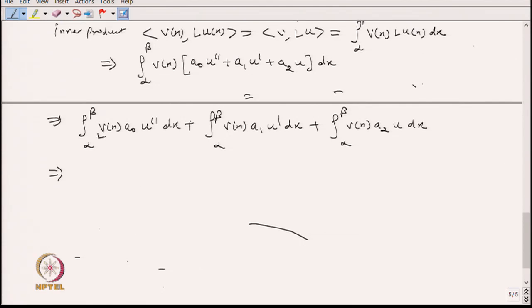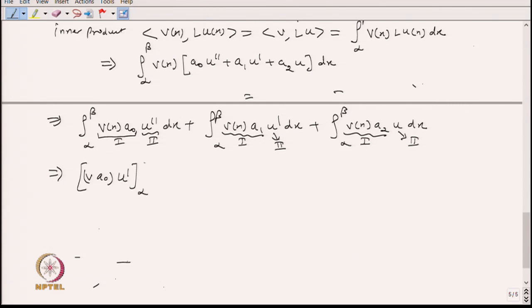I choose v a naught as the first function and u double dash as the second function, and similarly for the other terms, this first and this second. Integrating u double dash gives u dash, so the first integral becomes v a naught u dash with limits alpha to beta, minus the integral from alpha to beta of the derivative of v a naught times u dash dx.